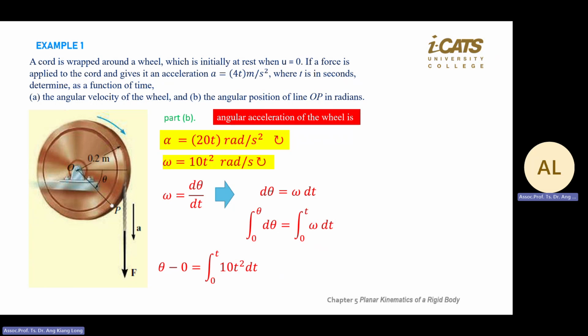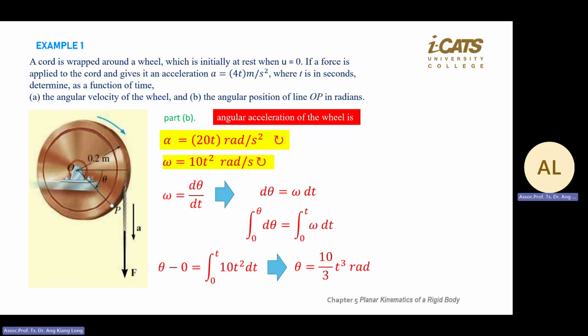Omega, you just copy from the previous answer. The previous one, you found 10t squared, so put in here. Do integration. This is t cubed divided by 3. So 10 divided by 3 and t cubed, integrate from 0 to t. So the answer is in radian form. Theta equal to 10 divided by 3 t cubed radian.